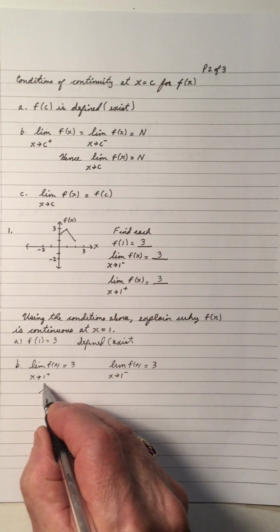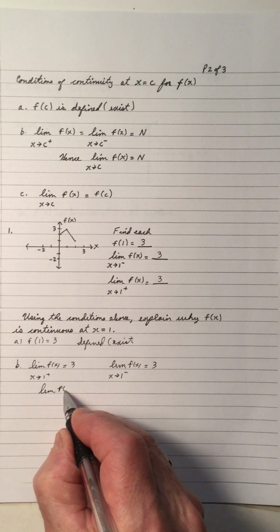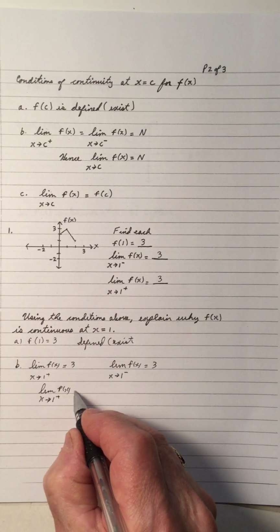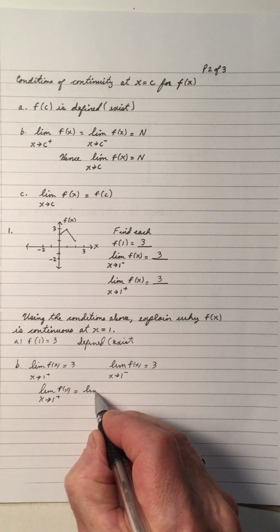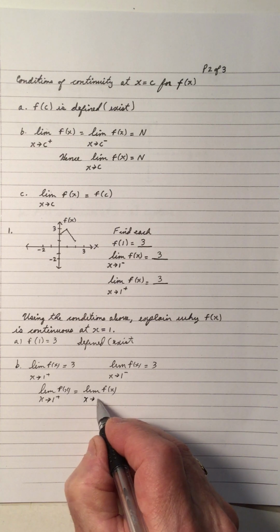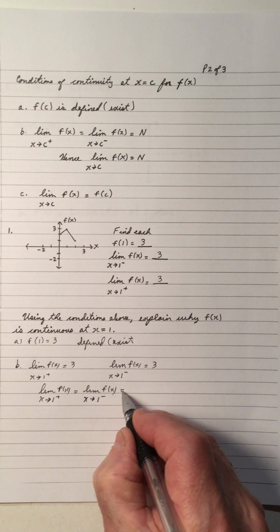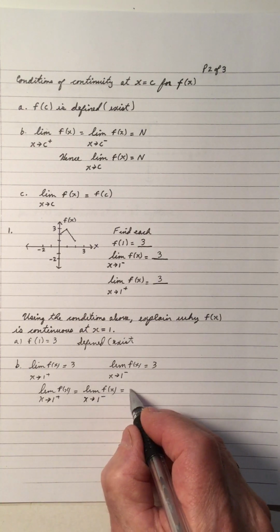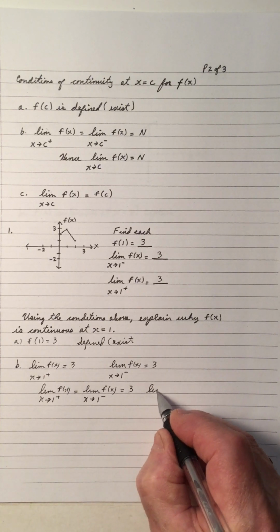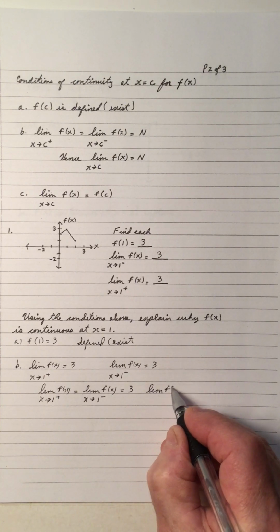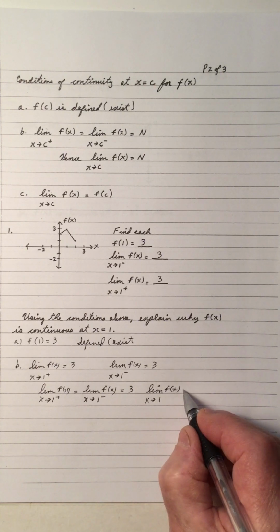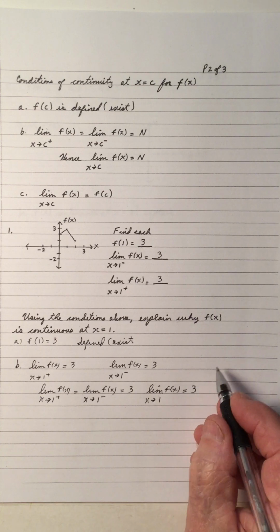So note the limit of f of x as x approaches 1 on the right side is equal to the limit as x approaches 1 on the left side. They're both equal to 3, so they're equal to each other. And hence, the limit of f of x as x approaches 1 is equal to 3.